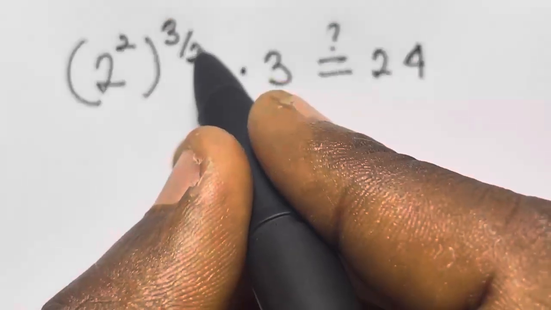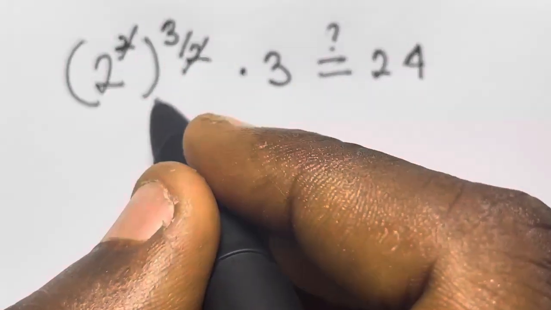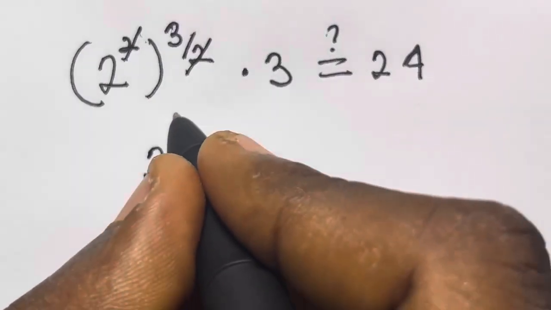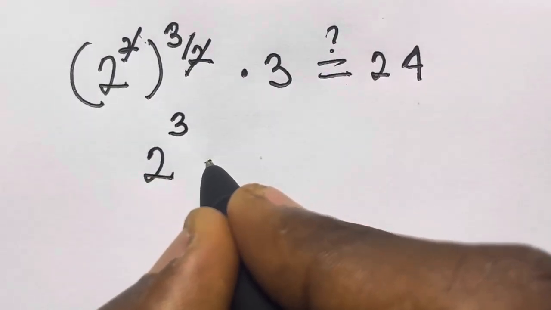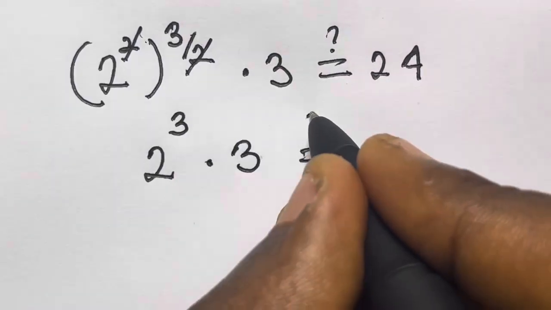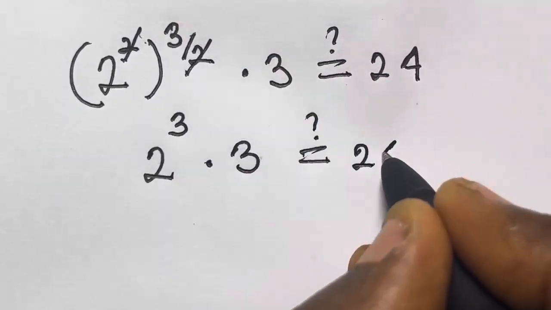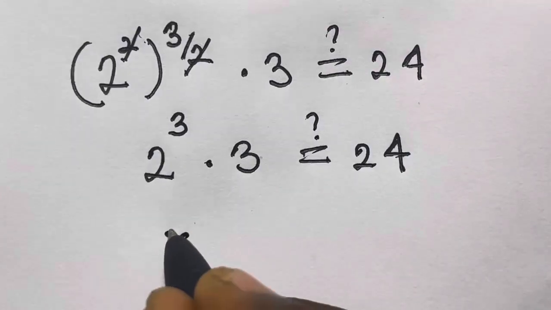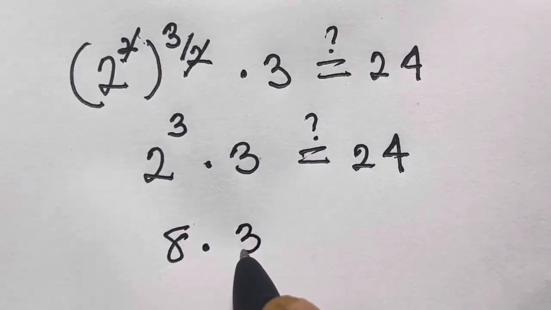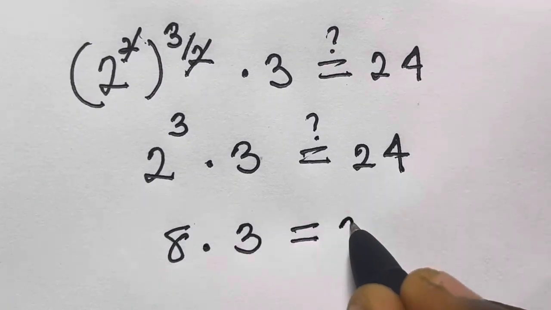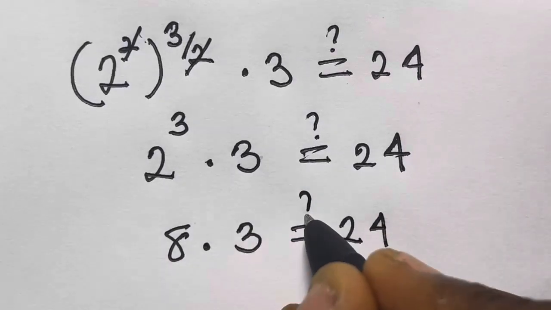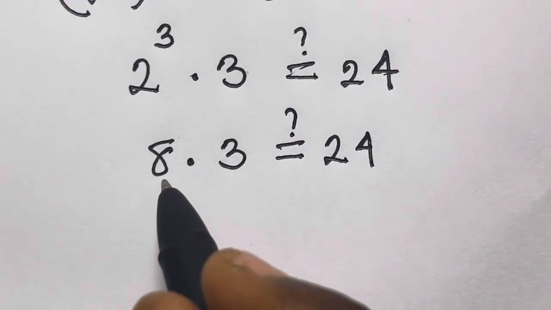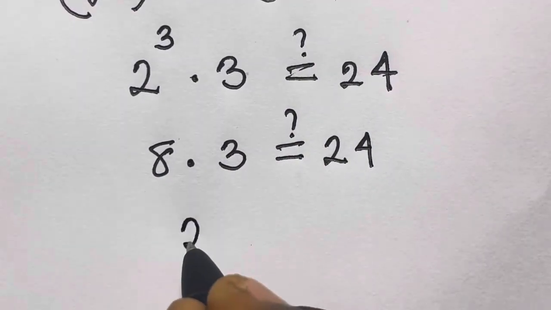Now these 2, we cancel these 2. So we have 2 raised to power 3 times 3. We want to see if this is equals 24. Now 2 raised to power 3 will give us 8, times 3 equals 24. If you multiply 8 times 3 it will give you 24.